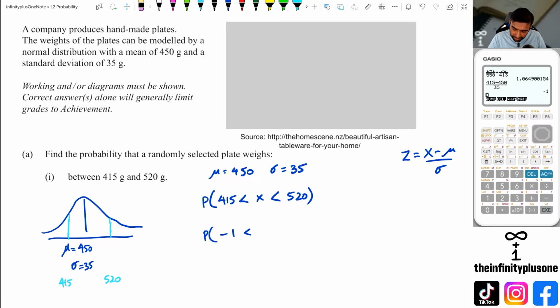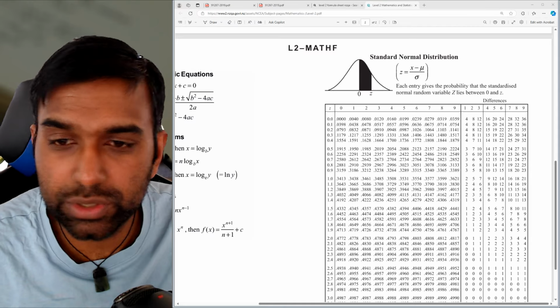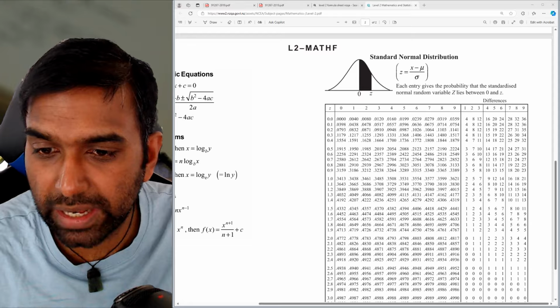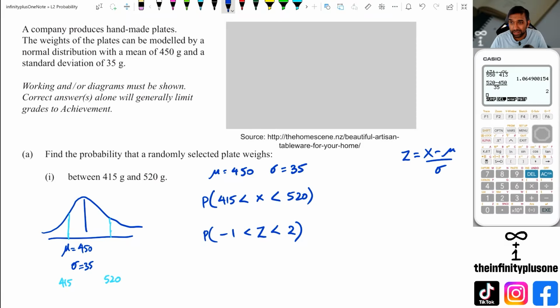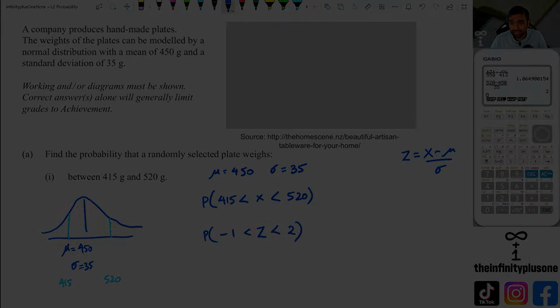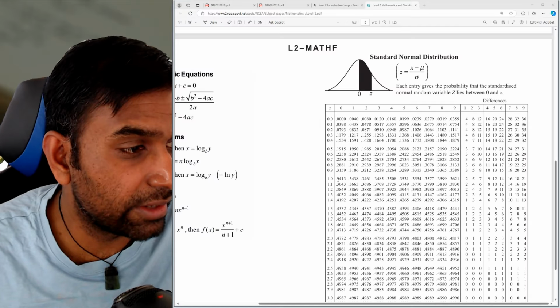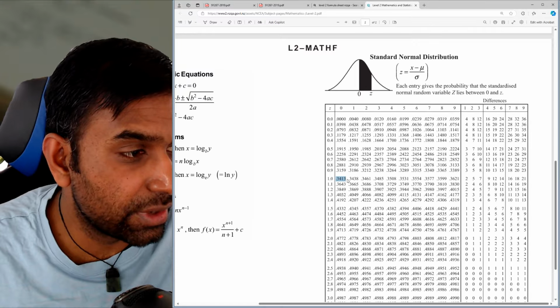And because I'm now working with Z values, I'm going to change that to Z. Then I've got 520, and that's going to give me 2. So we've got between -1 and 2. To do this manually, what you have to do is, we've got the values between -1 and 2. Now, remember that a normal distribution is symmetrical. So I'm just going to go down to 1. That's 0.3413.